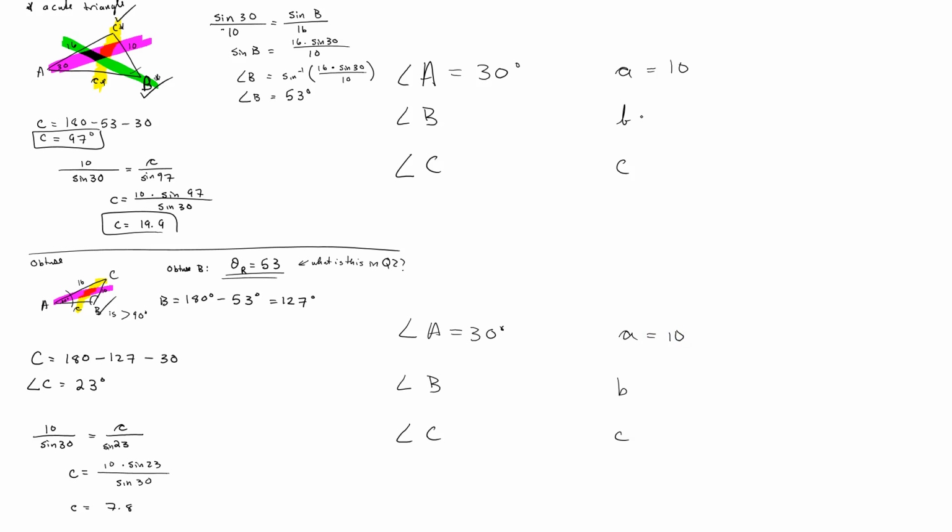And in both cases, we know that little b is 16. What we had to do is solve for angle B. So I'm just going to highlight the green stuff which we knew. I'm going to put a star beside the things we had to solve for.